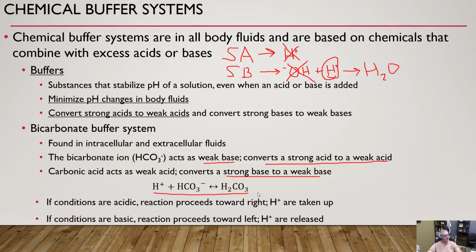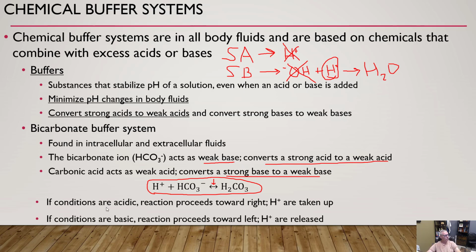And here's our formula there. And we saw this formula back in the respiratory chapter when we looked at how carbon dioxide gets transported in the bloodstream. And we see that this is a double arrow because it can go to the right or to the left depending on what our body needs at any given time.